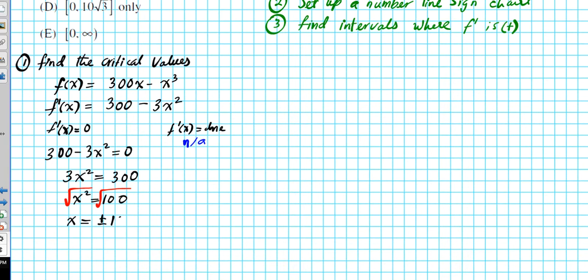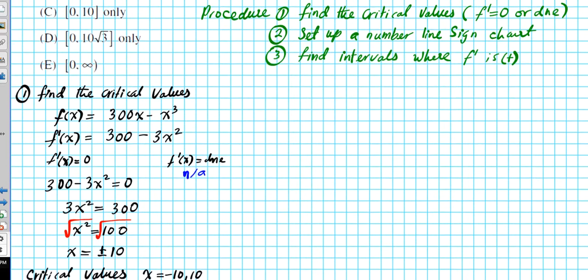So plus or minus 10, because when you square 10 or negative 10, you end up with positive 100. Now we have our critical values. Let's list them. Our critical values are x equals negative 10 and positive 10. We are done with part 1 of the procedure.